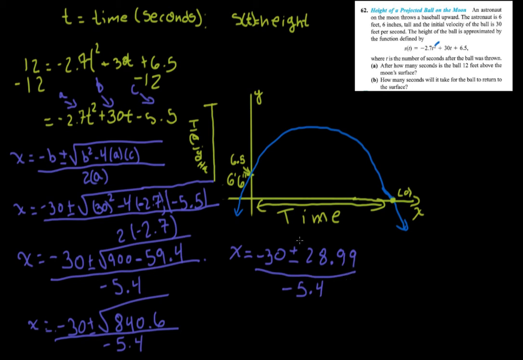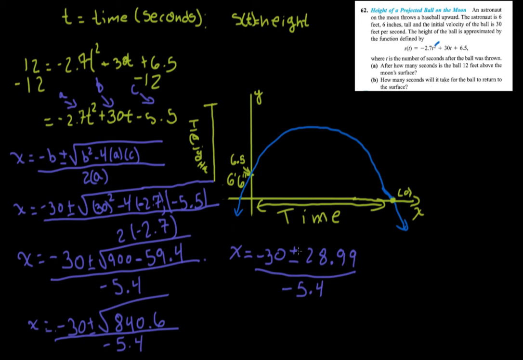So after you get this, let's read the question again. After how many seconds is the ball 12 feet above the moon? Right, so we're going to have seconds when the ball reaches 12 feet, right?